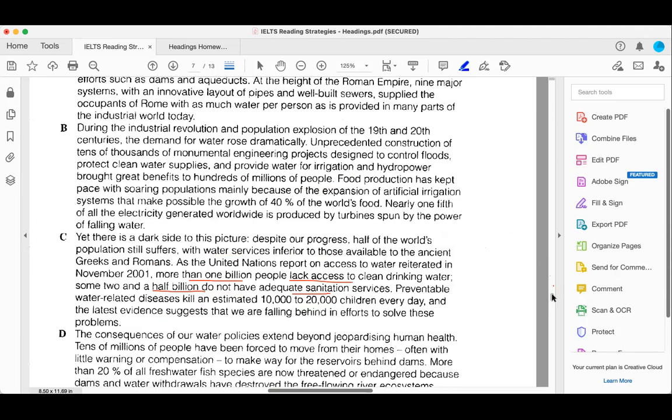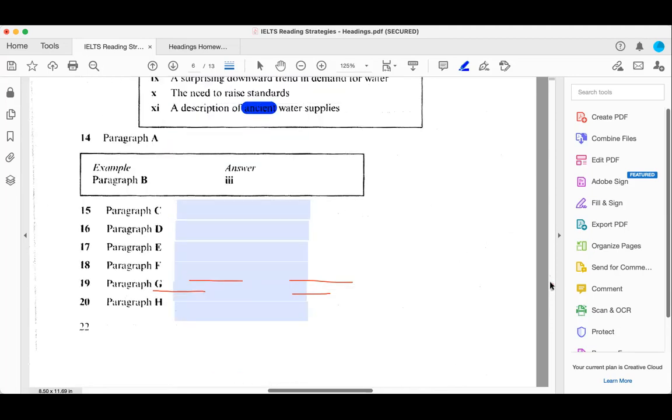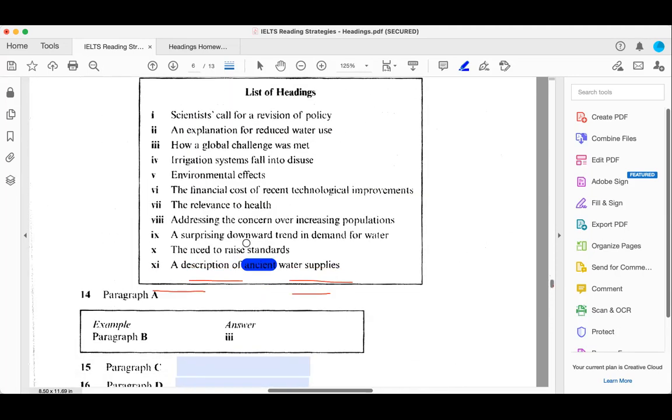Yes, you don't have water, but this sentence is saying downward trend in demand for water. Do you understand this? It's a downward trend. So people are not using much water. Oh. So this is not the correct sentence. No, because this is people are not using water.